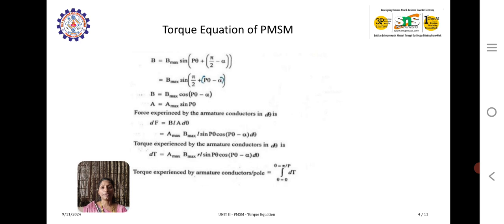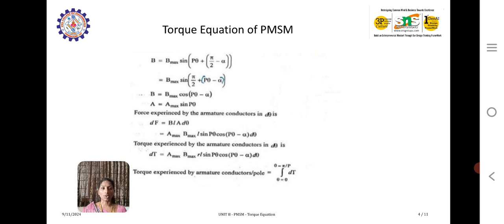With this, torque is developed by the force. The equation for force experienced by the armature conductors can be written as dF equal to B L A d theta, where B is the flux density and A is the ampere conductors. Substituting the equations for B and A from above into the dF equation, that becomes A max B max L sin P theta cos (P theta minus alpha) d theta.